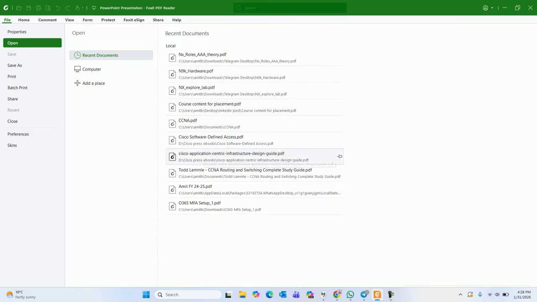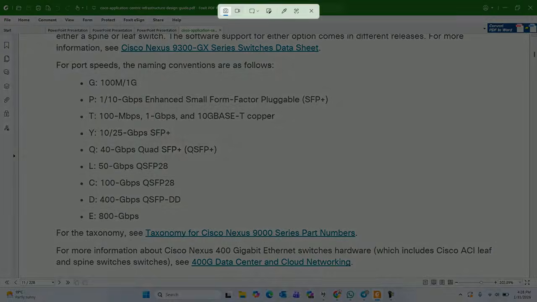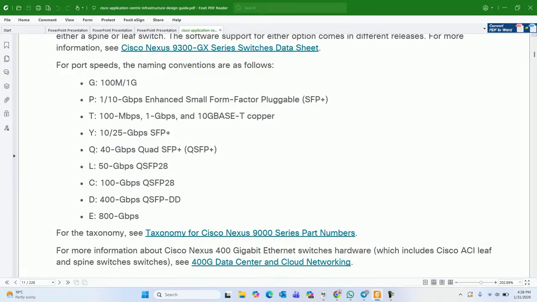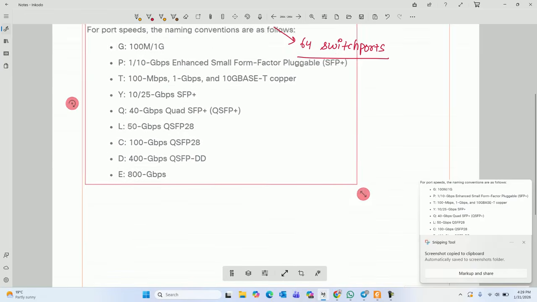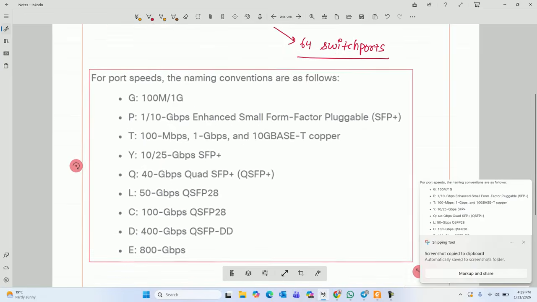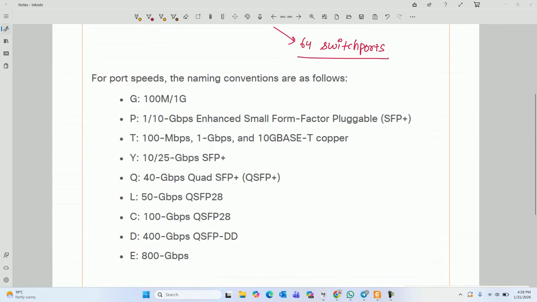Please pay attention here. So this is the meaning of these characters here.